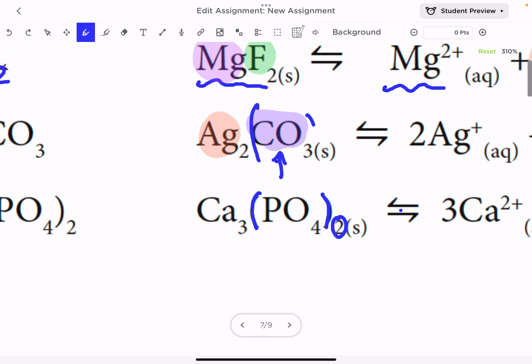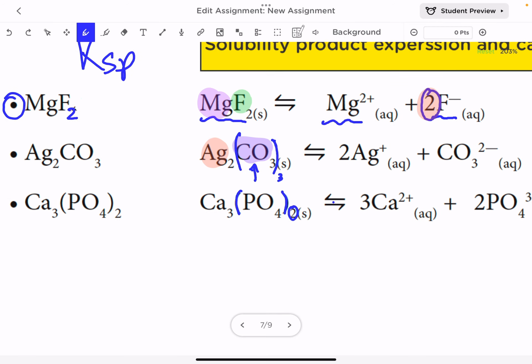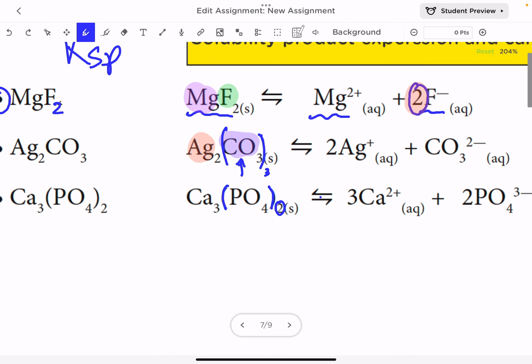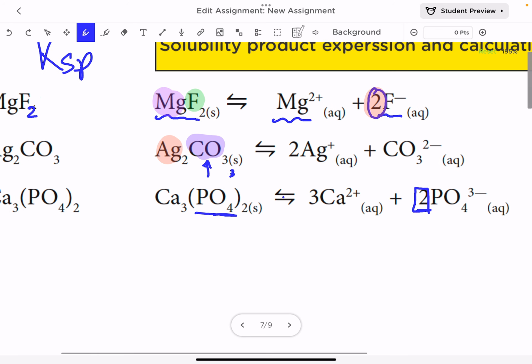But if I had the formula written with parentheses and a 3, it would mean that I have 3 CO3 2 minus. So always be careful. If the polyatomic ion given to you is written in parentheses, like this example over here, it means you have 2 of it. If it's not written in parentheses, and this rule is only for the polyatomic ion, it means the stoichiometric coefficient is 1. Now silver, we have 2 of it, so we write 2.